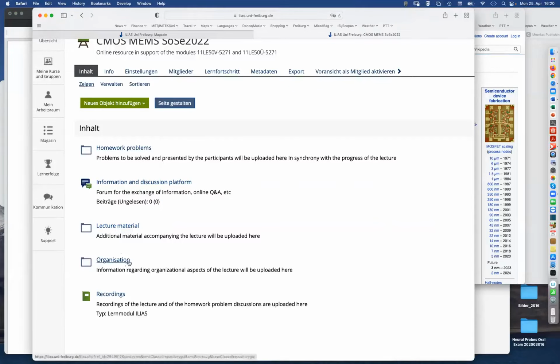Here is the organization. I deposited the information that you received by email also in there as a PDF. And then I'll add the weekly recordings on this page, in this folder. About half an hour after the lecture, usually the recording is transformed and compacted.